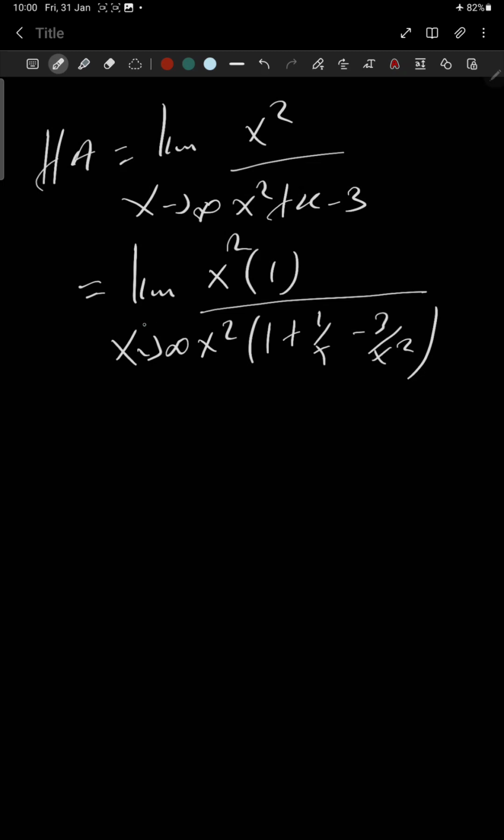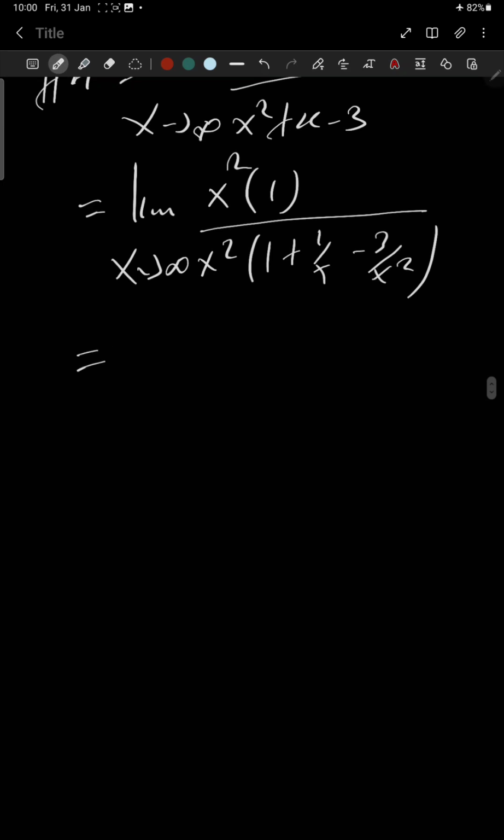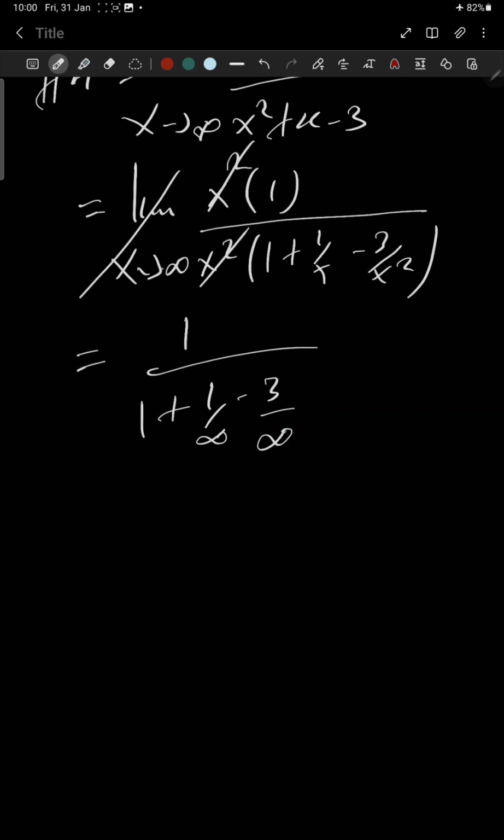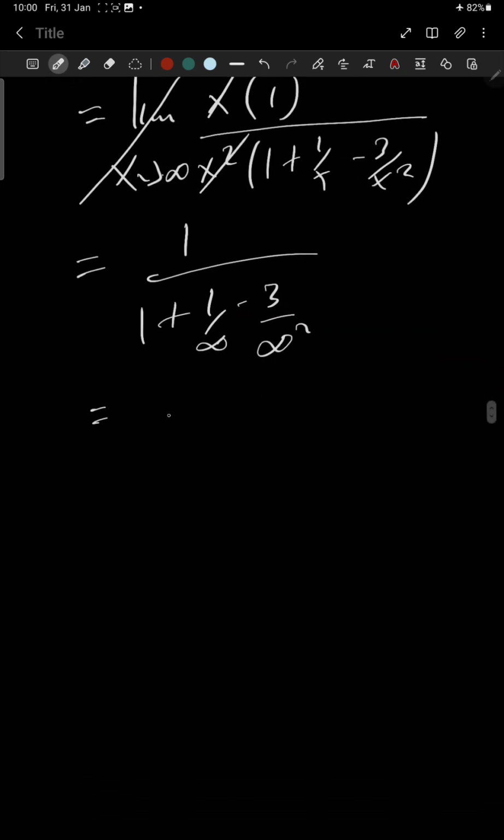When factorizing, it's like you're dividing x squared by x squared. Immediately this cancels out, the limit disappears, and infinity is left where there is x. So I have 1 over 1 plus 1 over infinity minus 3 over infinity squared, which is 1 over 1 plus 0 minus 0, which is 1.